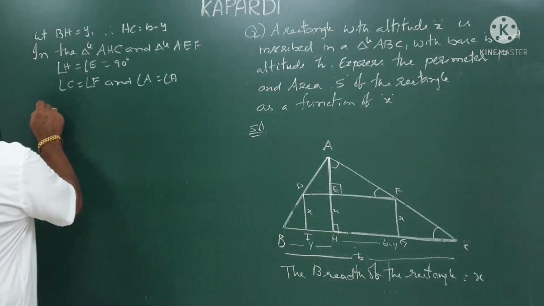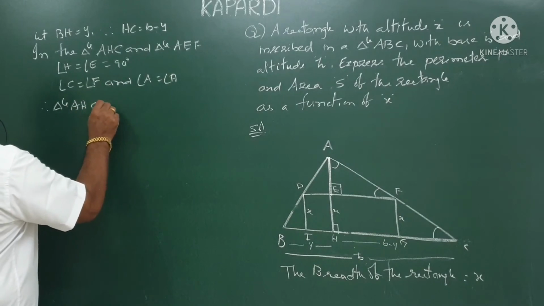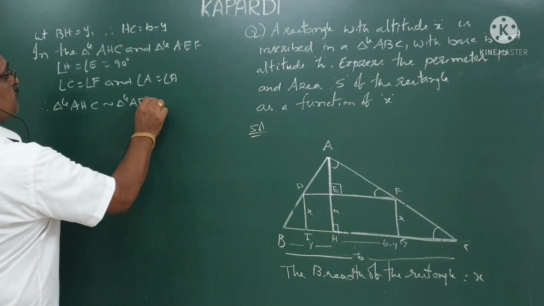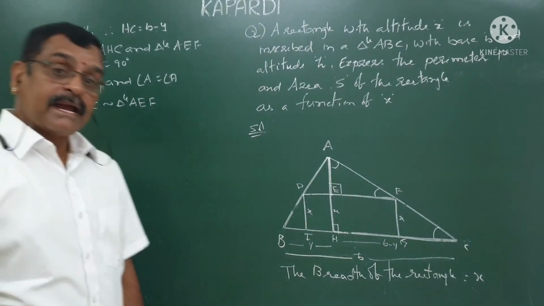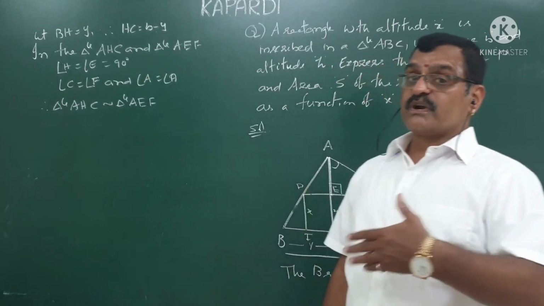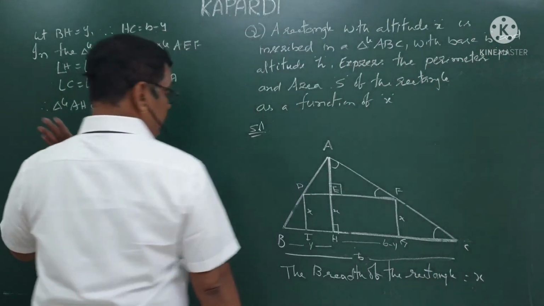Therefore, triangle AHC is similar to triangle AEF by angle property. So I can compare the corresponding sides. The ratio of corresponding sides are equal.